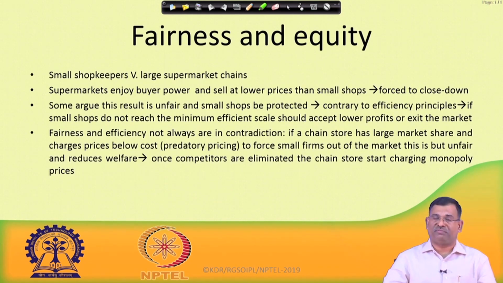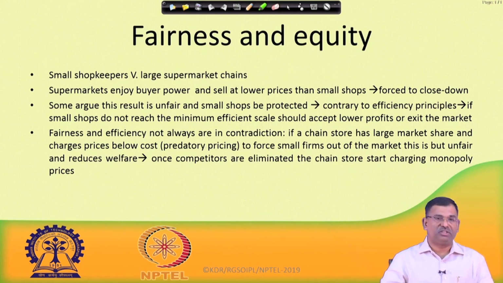We already talked about fairness and equity. When it comes to fairness and equity, it is the small shopkeepers versus the large supermarkets, or the large business firms versus the small scale industries, which we talked about, and the cost differences and allocation of resources.